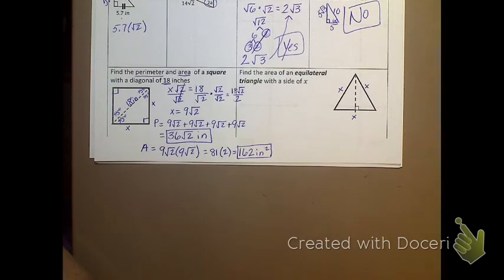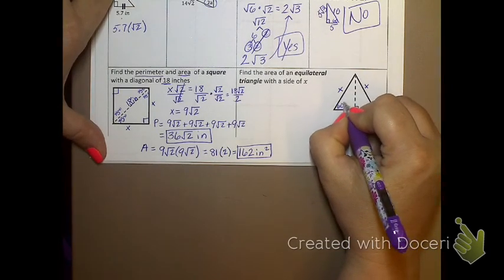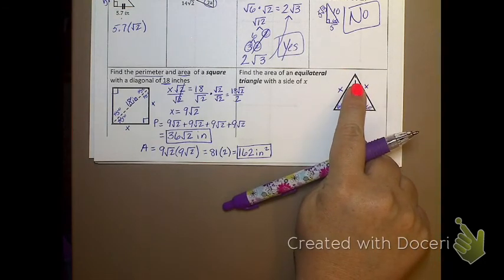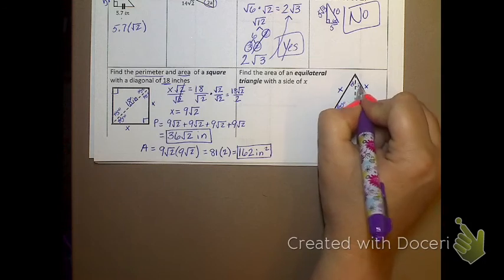All the angles are the same. It is also equiangular, meaning that all 3 angles measure the same. So if a triangle has 3 angles that equal 180, and all 3 angles have to be the same, what does that make them? 60 degrees. So this is 60, this is 60, and this one is being bisected, which makes it 30 and 30.